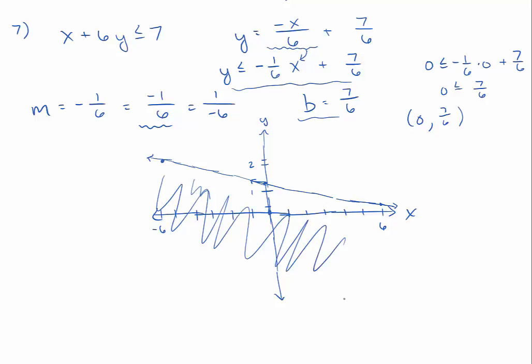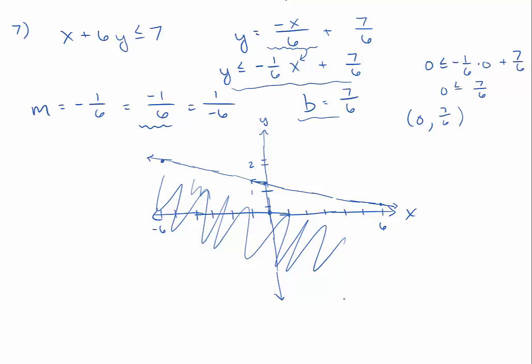If you can tell by looking, that's good, but choosing a point and plugging it in is the more sound way to do it. You're going to be positive, because a lot of times, especially when you have non-linear equations, it's more difficult to tell where you're going to shade and where you're not. But these are all going to be linear equations, so if you feel comfortable doing that, that's fine. And that's it, right?